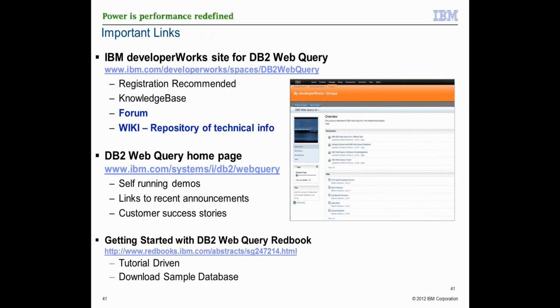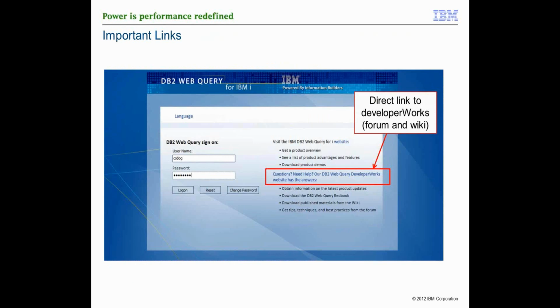There is the Web Query homepage, and again, the DB2 Web Query Redbook. And as a convenience feature, we did add a direct link to the forum and the wiki from the sign-on page. So when you open Web Query from a browser, you'll see a login page like this one. You can click on that link, and it'll take you directly to our DeveloperWorks forum and wiki.